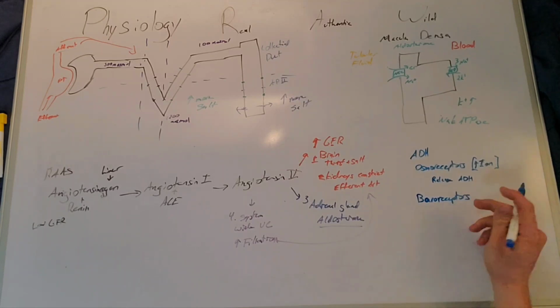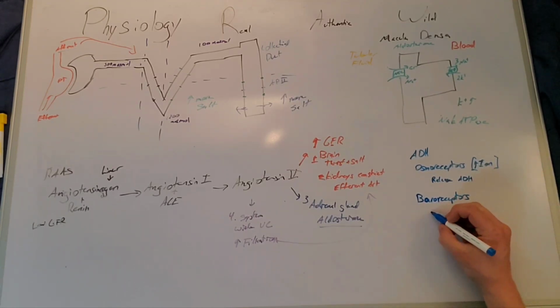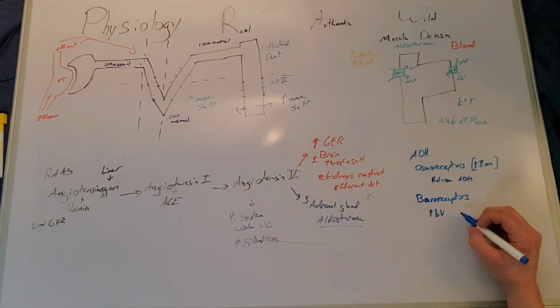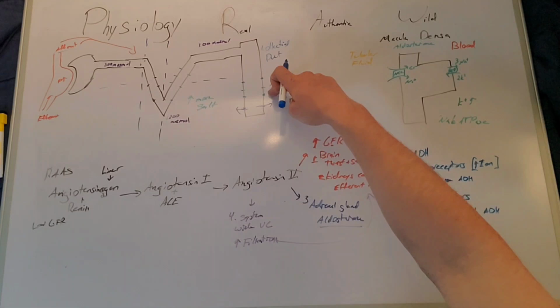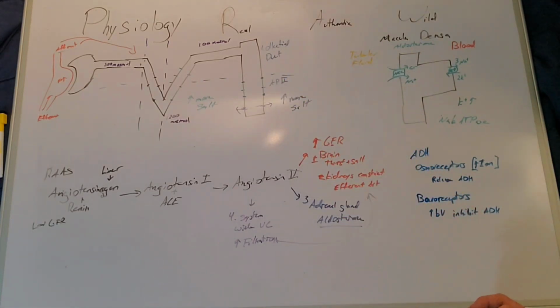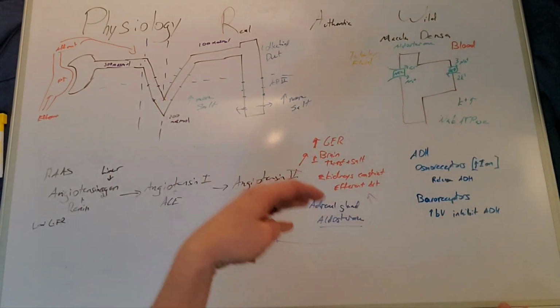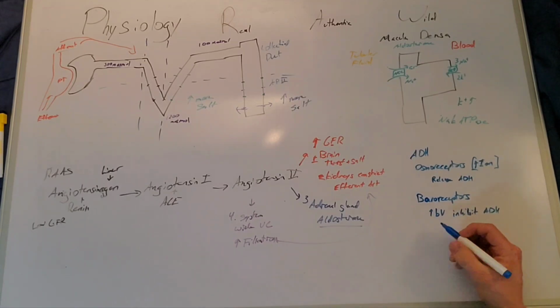Baroreceptors. And so if there's an increase in blood volume, then it will inhibit ADH, which means that these aquaporins will go away, meaning that more water will just pass through and get secreted through the urine.